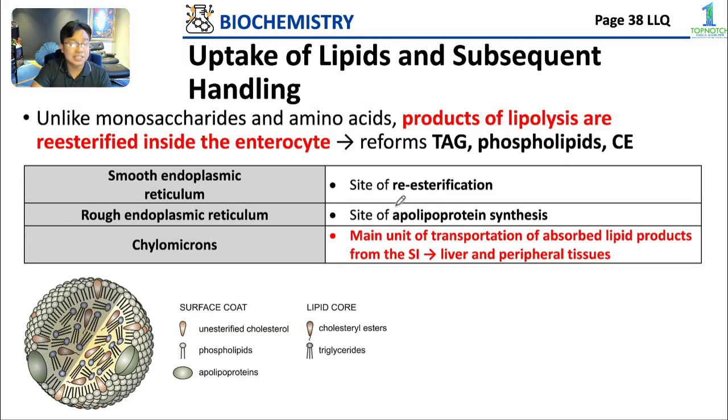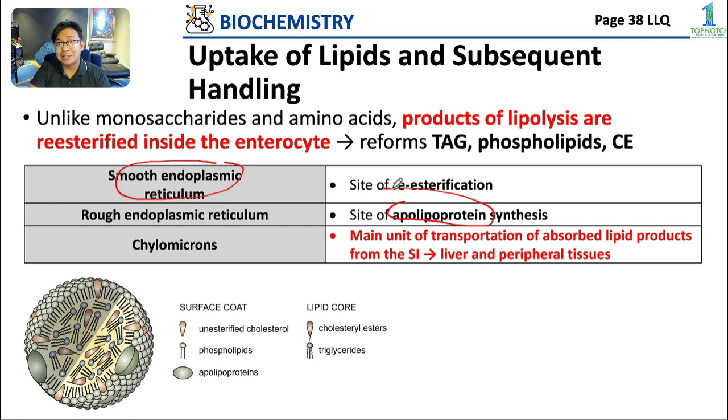Unlike monosaccharides and amino acids, products of lipolysis are re-esterified or reformed inside the enterocyte. They reform your TAG, phospholipids, and your cholesterol ester. This process mainly occurs in the smooth endoplasmic reticulum. At the same time, your RER naman forms the necessary apolipoproteins for the formation of your chylomicrons.